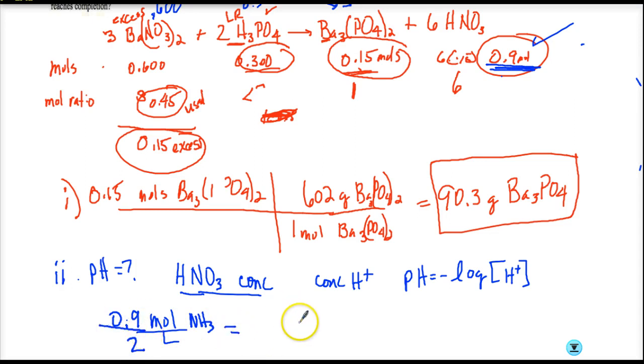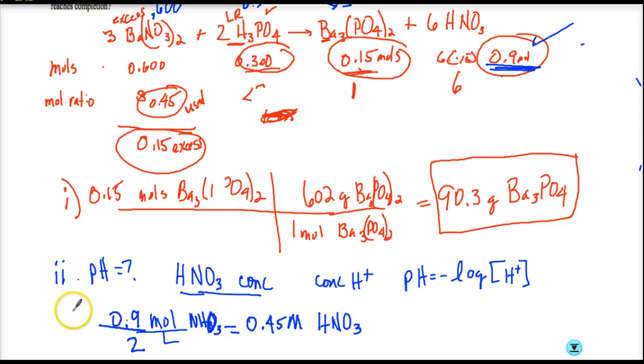So we have 0.9 divided by 2. So our concentration is 0.45 moles per liter of the HNO3.